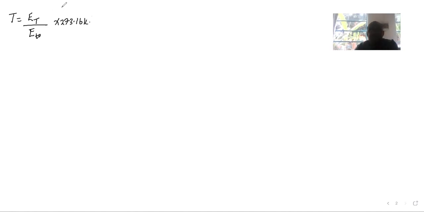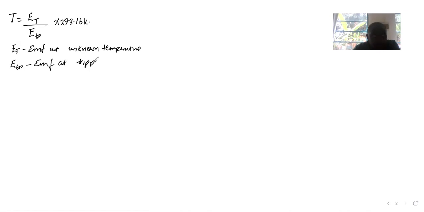So this is on a thermodynamic scale, where E T is EMF at unknown temperature, then E TR or E TP is EMF at triple point of water.